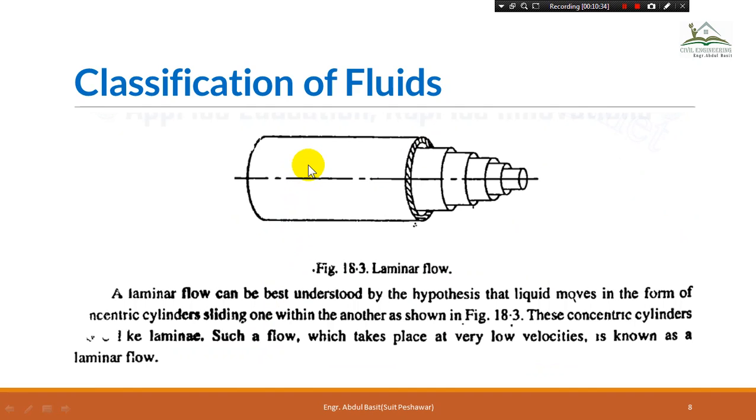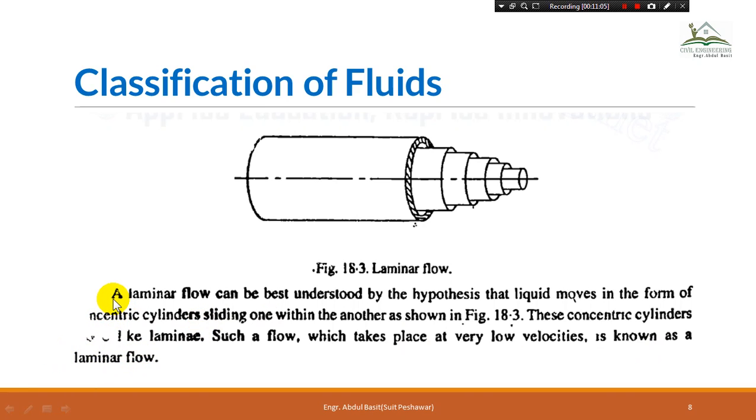Okay, so classification of fluids, as we were discussing, laminar flow. Laminar flow can be best understood by the hypothesis that liquid moves in the form of concentric cylinders, one sliding within another, as shown. Such a flow, which takes place at a very low viscosity, is known as laminar flow.